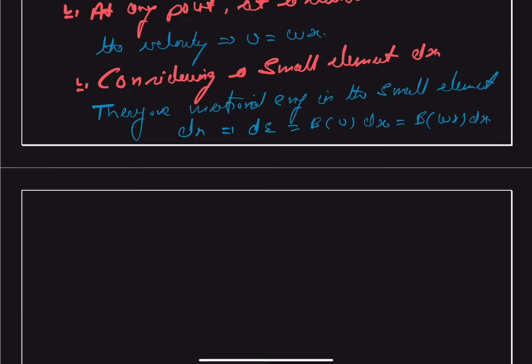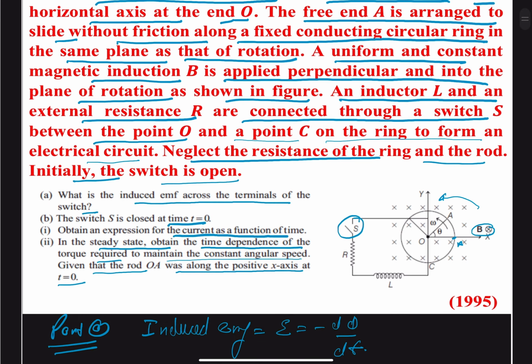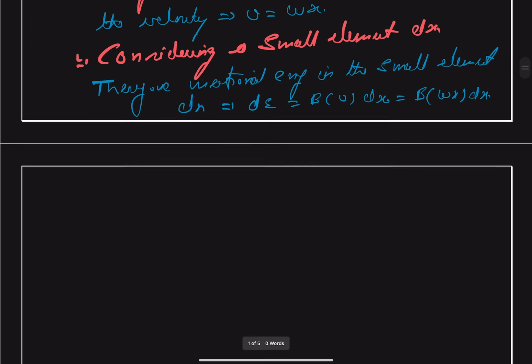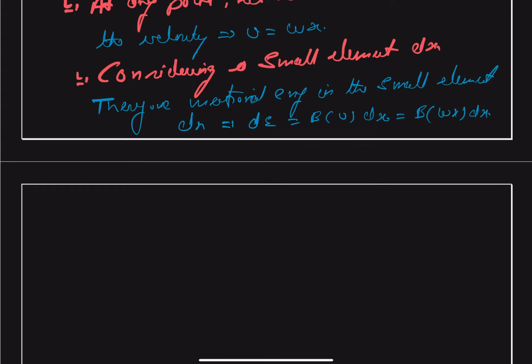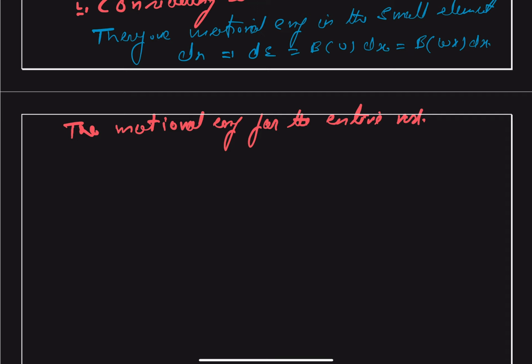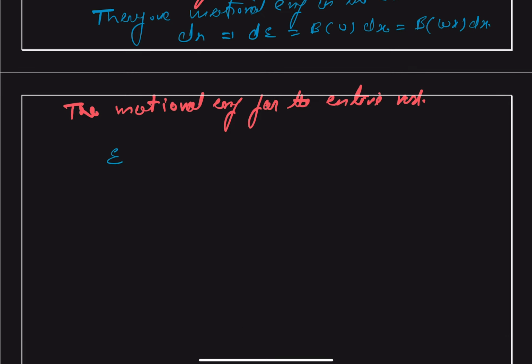Now to find it through the entire rod, we integrate, and the length of the rod is given as R. So the motional EMF for the entire rod, E, will be equal to B omega integral from 0 to R of x dx.